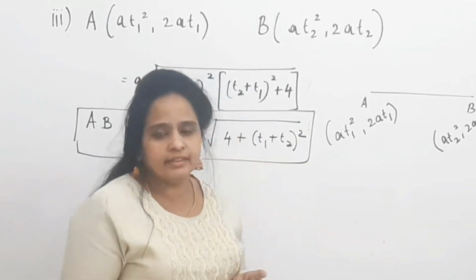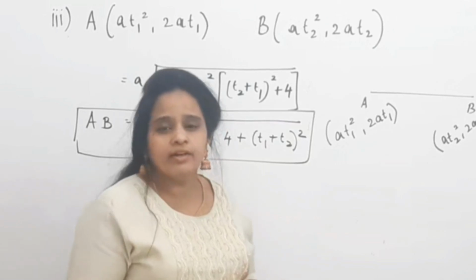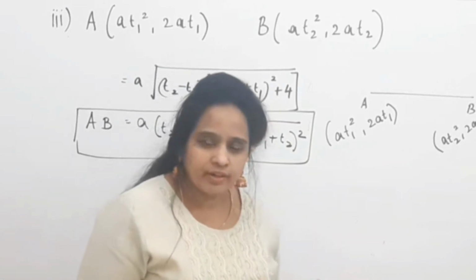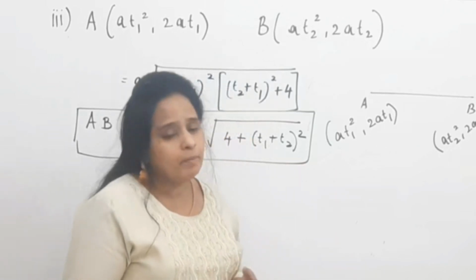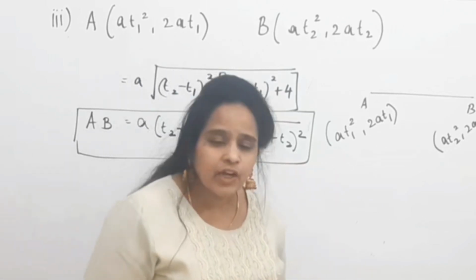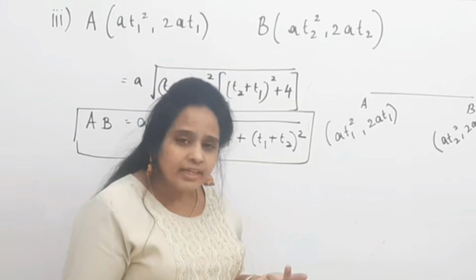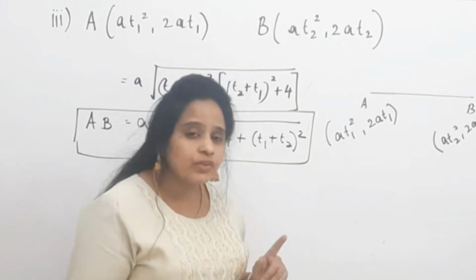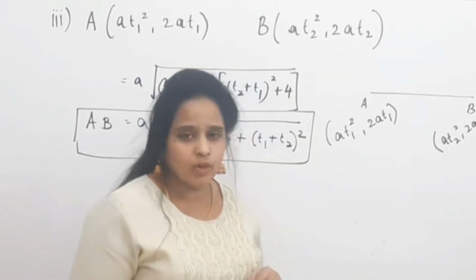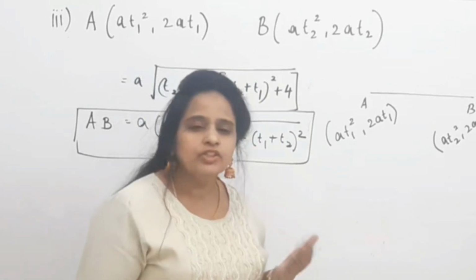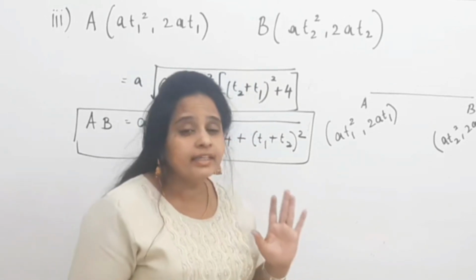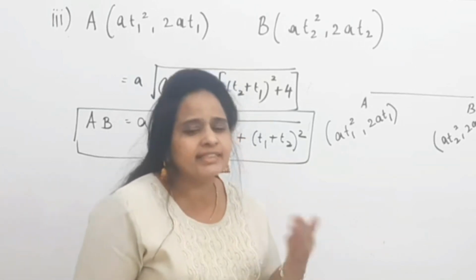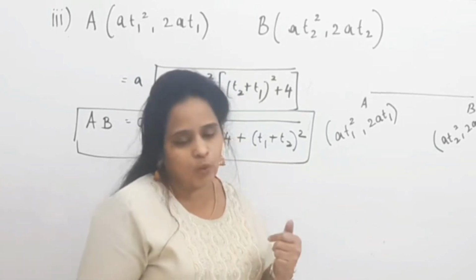The first identity, (a plus b) the whole square is equal to a square plus 2ab plus b square. And the second identity, (a minus b) the whole square is equal to a square minus 2ab plus b square. And the third identity, a square minus b square is equal to (a plus b) into (a minus b). These are the three identities you're going to use in some of the places where it is required.